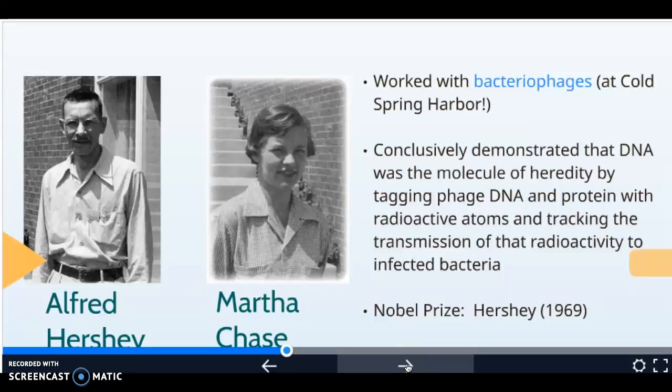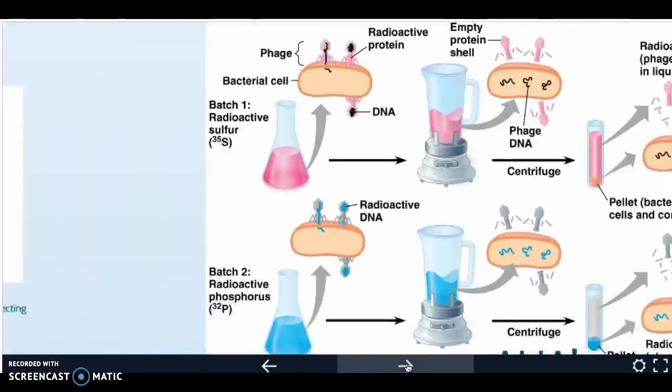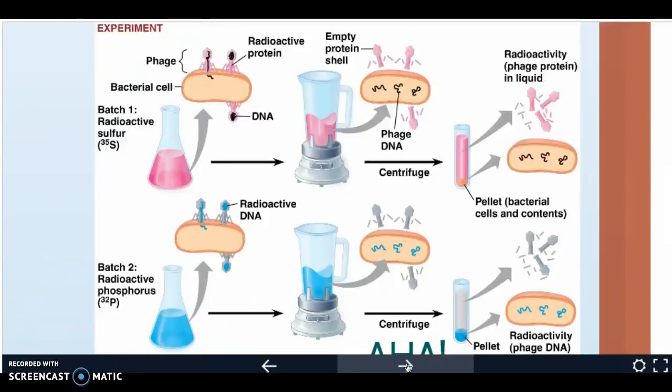We've talked about this before: one has one thing, one has the other. Proteins, remember, have sulfur components, and DNA has phosphate components. So they tagged phosphates for one reason, and they tagged sulfur for the other. Whatever was being transferred from one species to the other and being infused into the DNA was going to tell us if it was proteins or nucleic acids that were actually moving on.